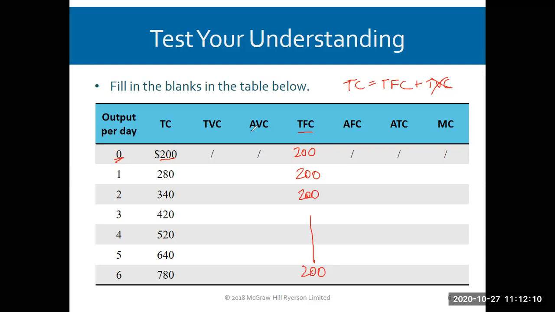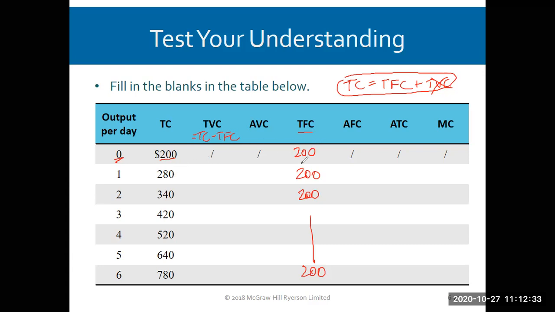Wow, that was good. And then what do we have to figure out next? Total variable cost. Well, I know that's equal to total cost minus my total fixed cost. We're just working with this formula that we have up here, rearranging it. So I know total cost is 200. I know total fixed cost is 200.